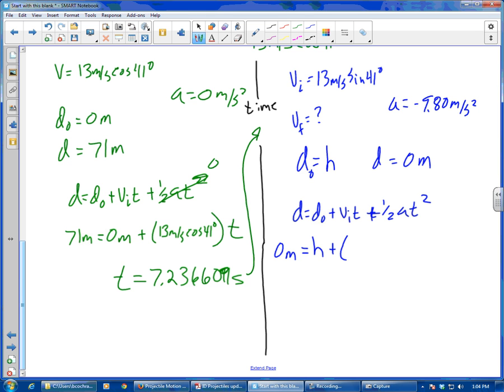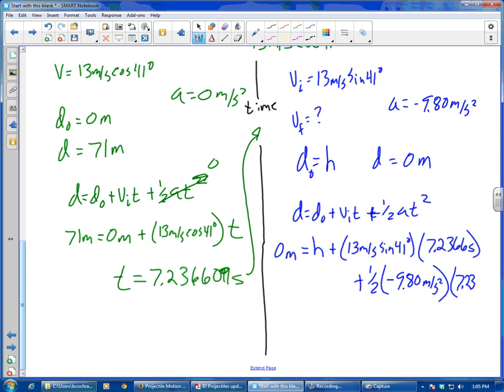My initial velocity is 13 meters per second, sine 41 degrees. My time, 7.2366 seconds, plus 1/2, negative 9.80 meters per second squared, times 7.2366 seconds squared.